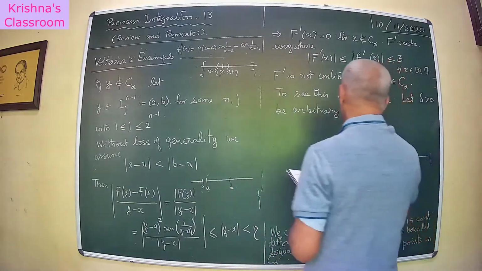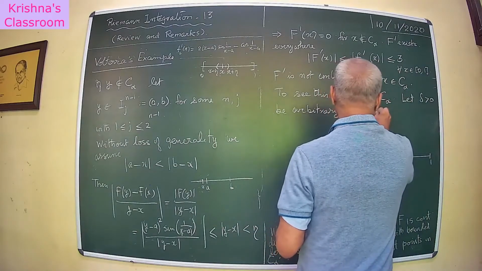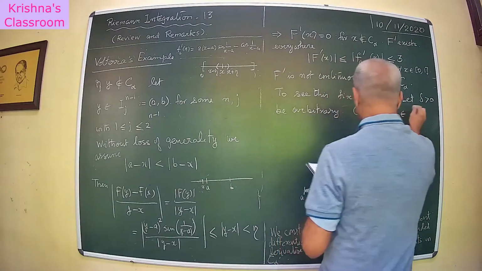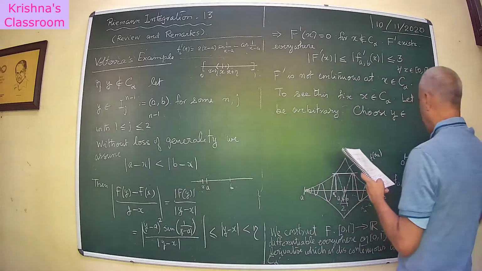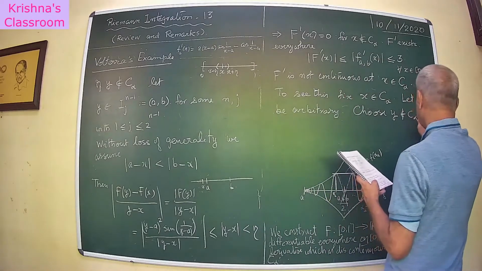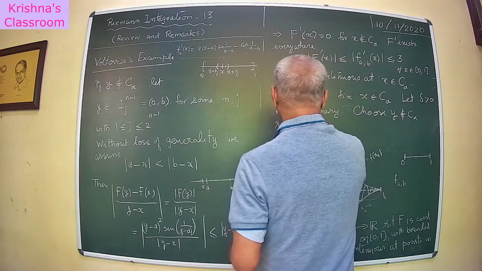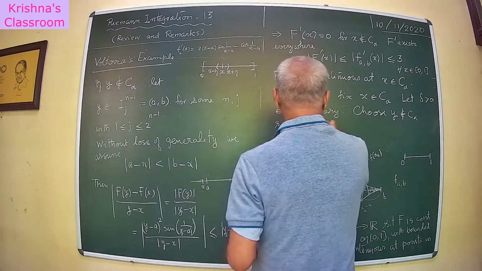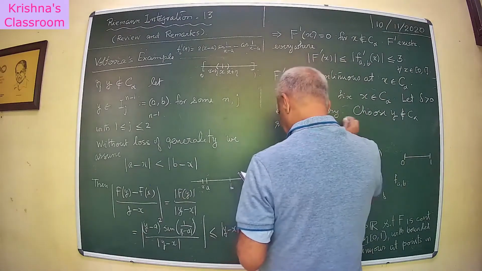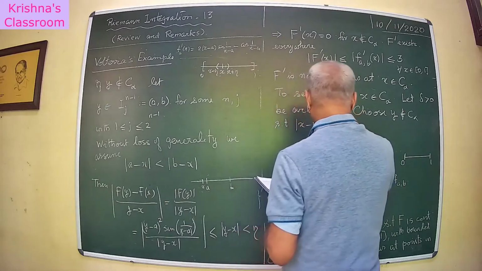Now choose y, y not in C alpha, such that mod x minus y is less than delta. This is possible.